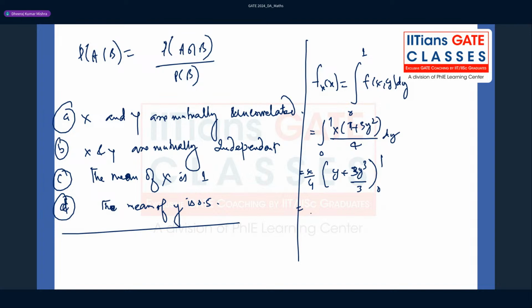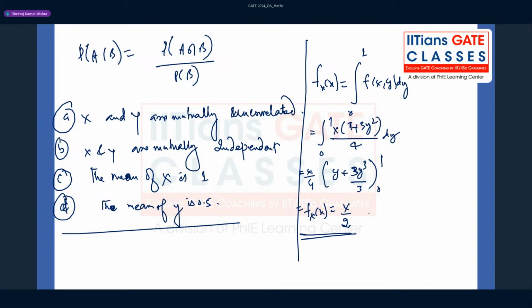If you put the values, 1 plus 1 gives us 2, so it is going to give us x by 2. So you have got the density function f of x, which is x by 2.